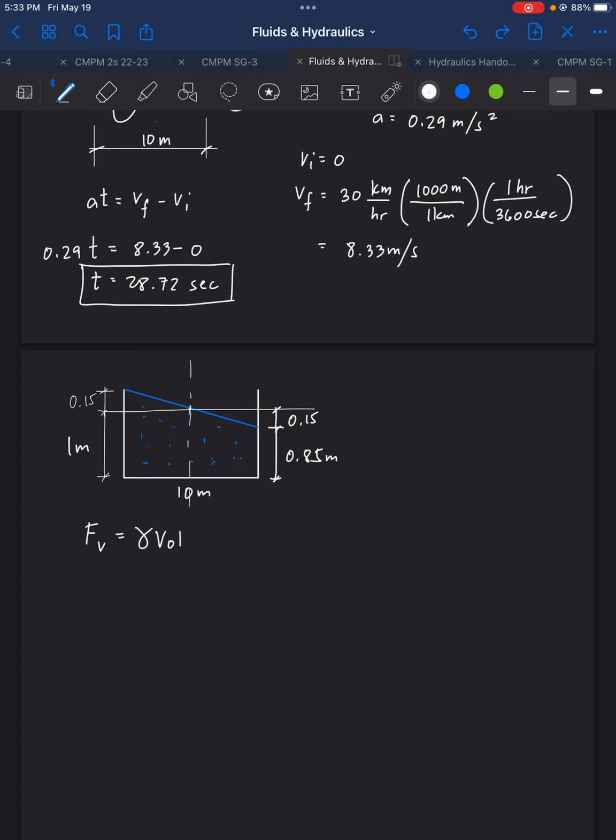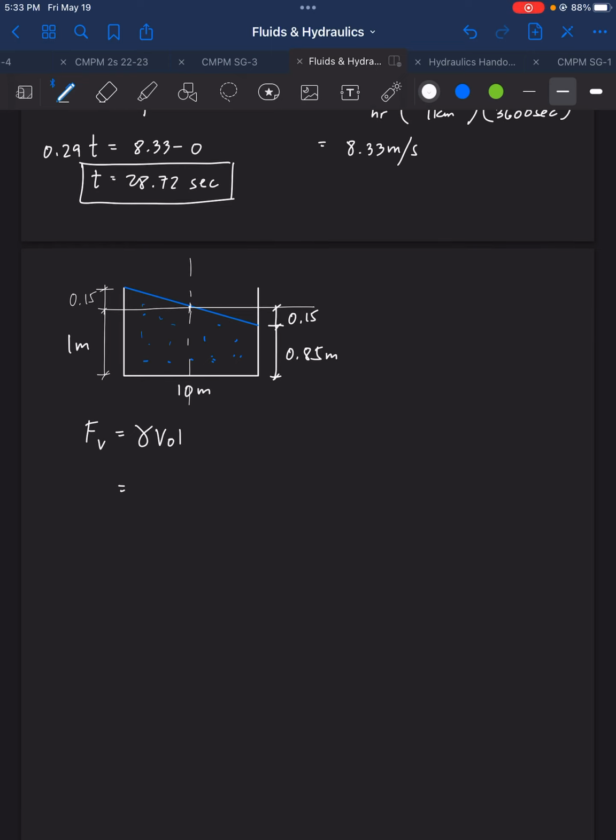So gamma volume, since there is no spilling liquid, so if there is no spilling liquid here, you can see here that it's trapezoidal.